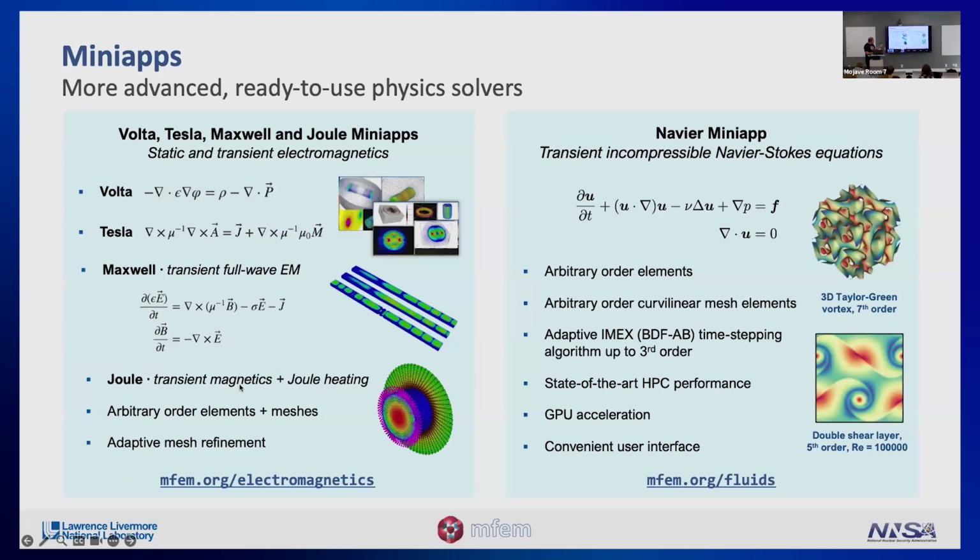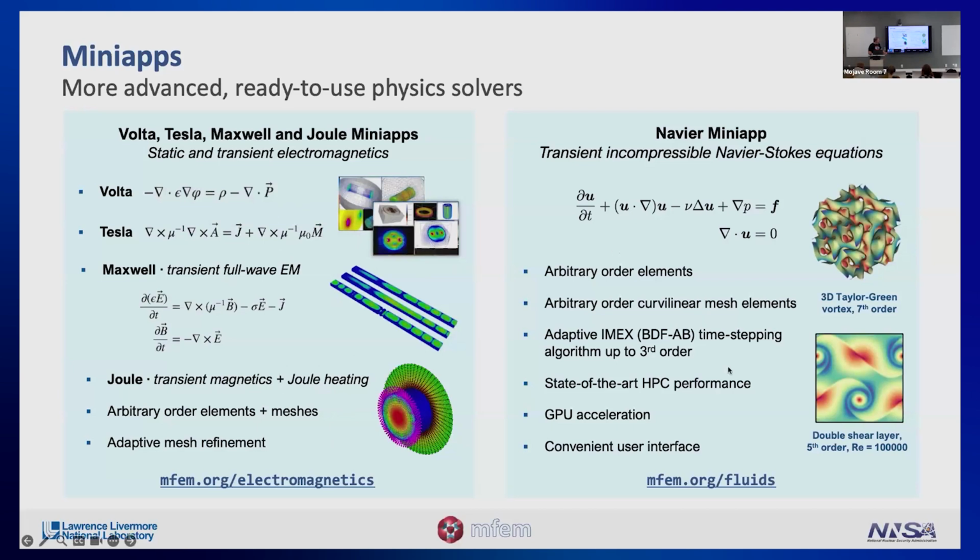The Joule mini app is also very popular, with transient Joule heating. Mark is the expert on this, and has written a lot of those and has worked with electromagnetics for many years. If you have any questions, please let us know. These are mini apps on which people have built full applications.